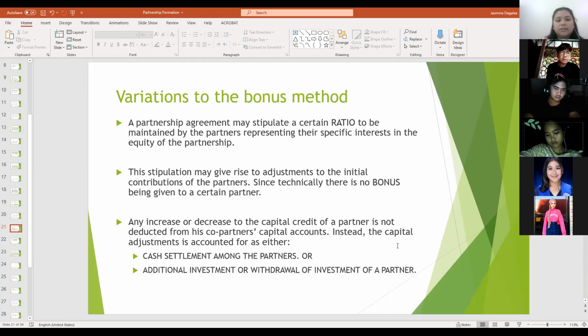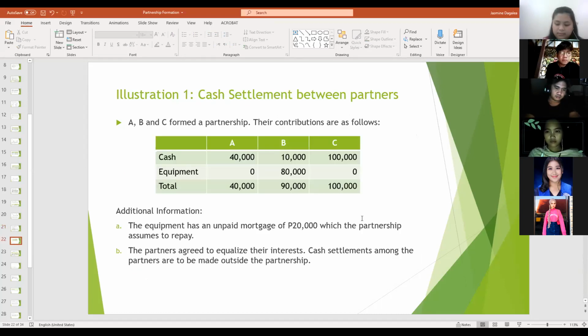Yan. So, example. Example, A, B, and C formed a partnership. Their contributions are as follows. A, cash 40,000. B, cash 10,000 and equipment 80,000.